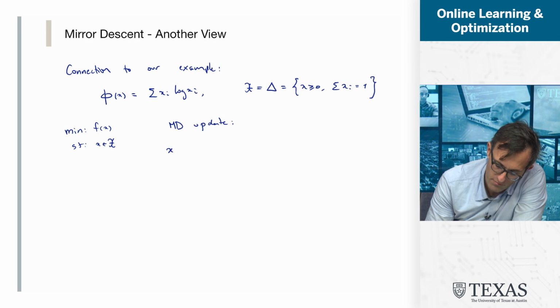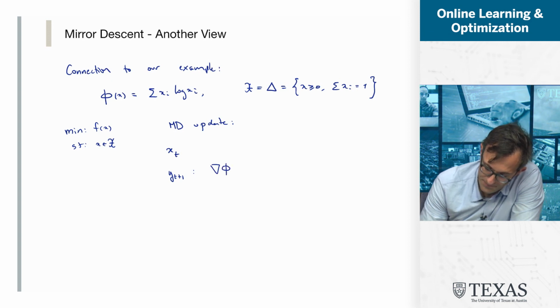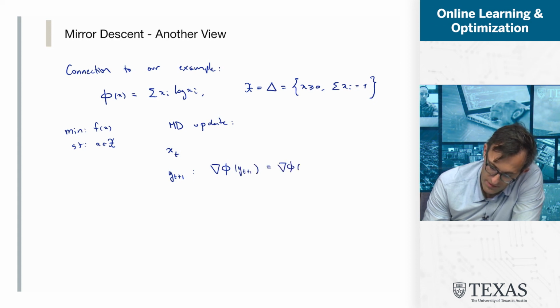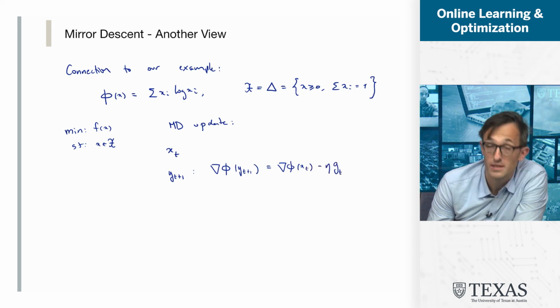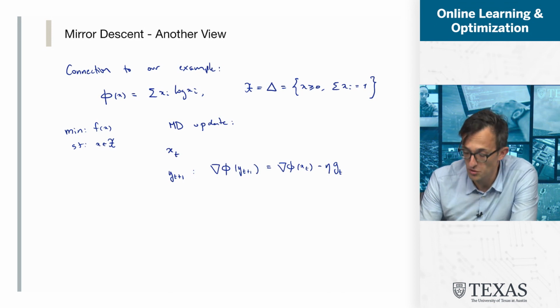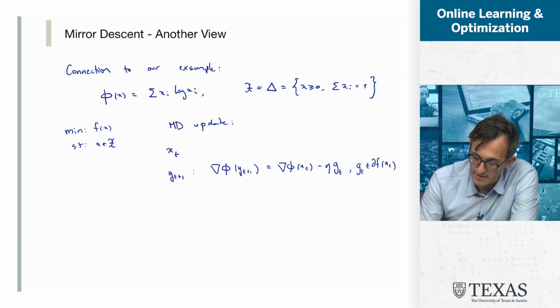We start from xt, then yt plus 1 is the point such that the gradient of phi at yt plus 1 is equal to the gradient of phi at xt minus eta times gt. gt is an element of the subdifferential of f at xt.